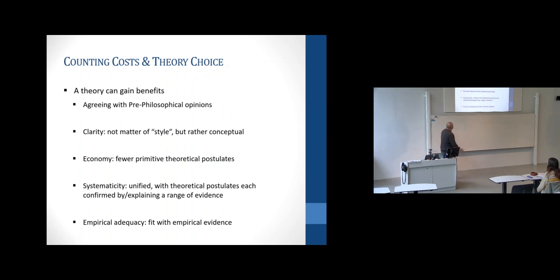So a theory can gain benefits by agreeing with, confirming, or supporting pre-philosophical opinions, and by being clear. And what we mean here isn't a matter of style. It's not that it's written in a very easy to read way, but rather it offers conceptual clarity. It doesn't blur notions together. It gives you very clear application conditions, things like this.